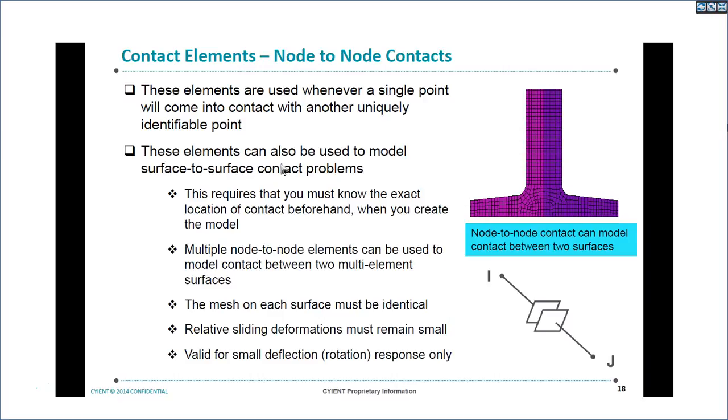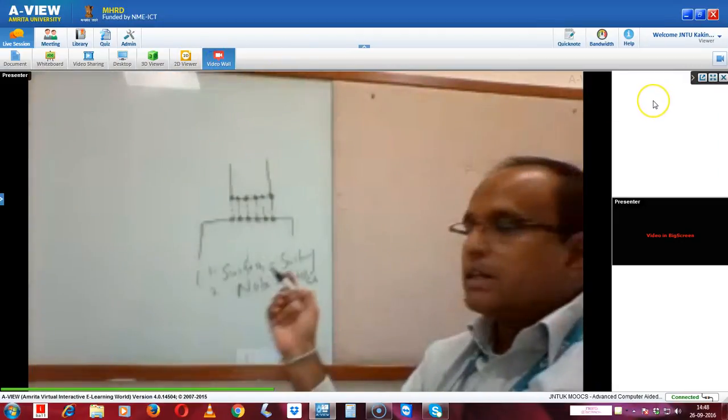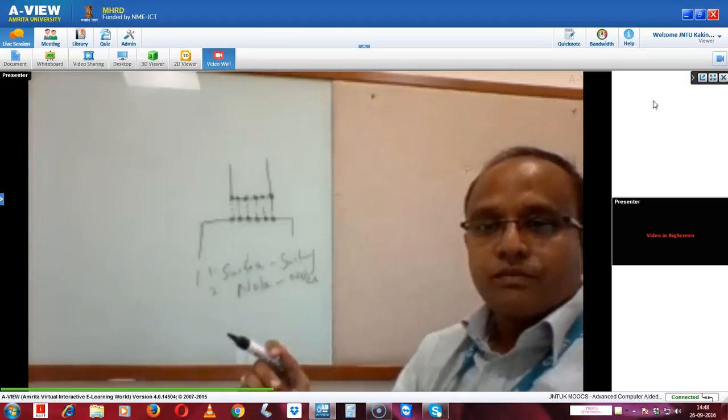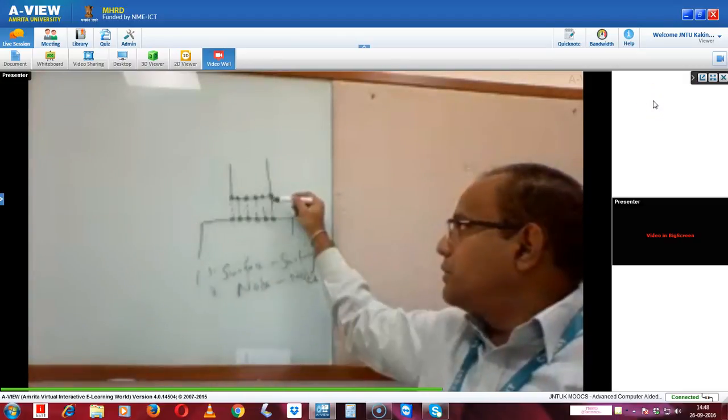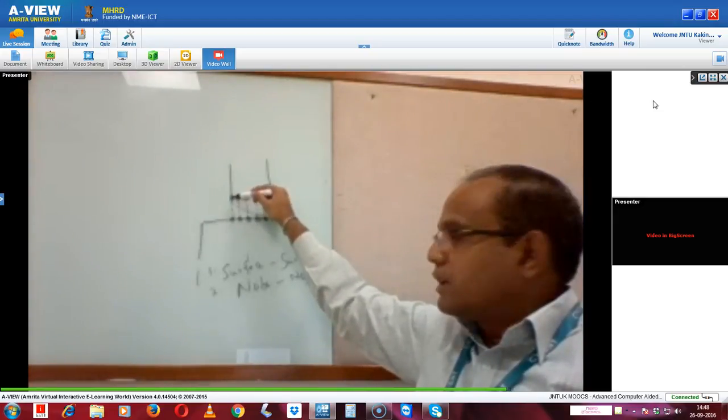Here, I need to make nodes at the same location, so in both the components, and this will form one contact pair.